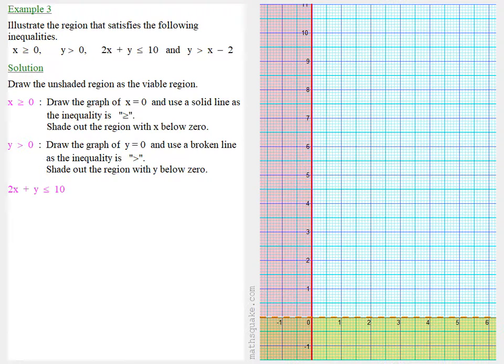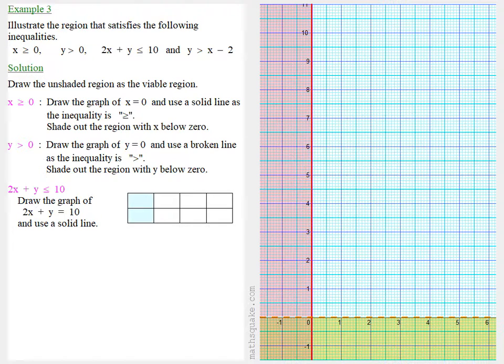Now for the inequality 2x plus y is less than or equal to 10, draw the graph of 2x plus y equals 10 and use a solid line because we have less than or equal to as the inequality. To do this, let's draw out a table, x and y, and choose values of x, let's say 0, 2 and 5.